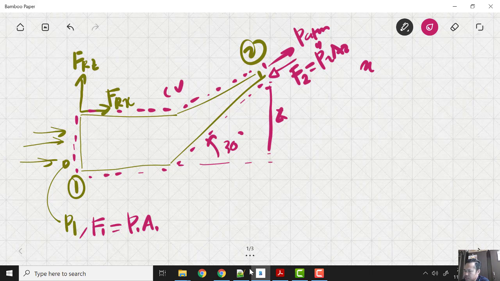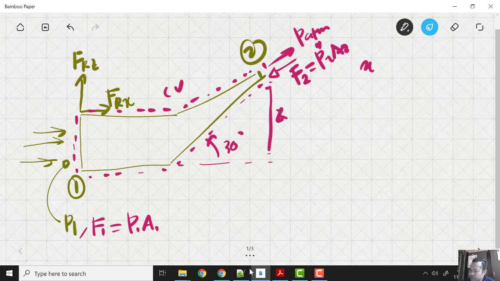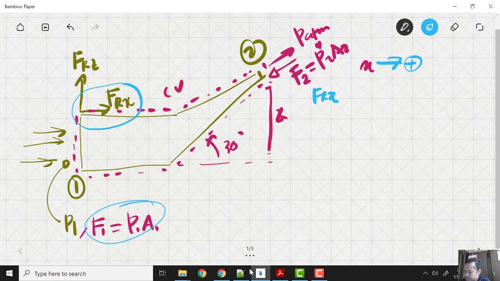So what is the force in X direction? First we have the anchoring force, FRX. Since we consider moving to the right as positive, we have another force, F1, moving to the right, so plus F1.